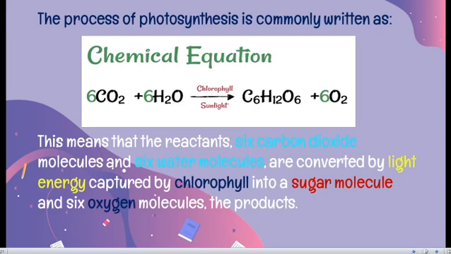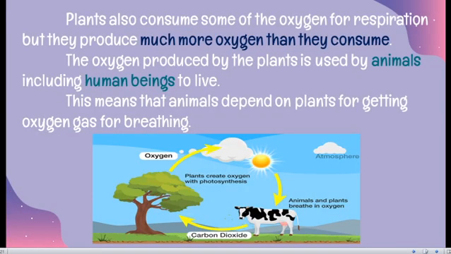We are inhaling and using that oxygen, so it should be replaced. How is it replaced? In the process of photosynthesis. The result of photosynthesis is the production of oxygen molecules. So 6 carbon dioxide molecules and 6 water molecules are converted by light energy, that is sunlight, captured by chlorophyll. It gives a sugar molecule and 6 oxygen molecules as products.